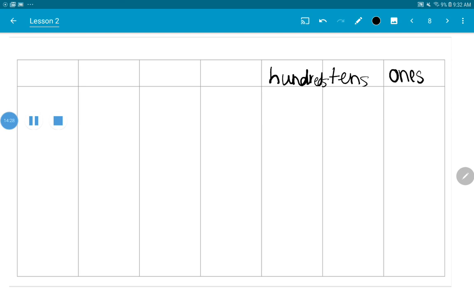Draw place value discs to show 3 hundreds and 2 tens.